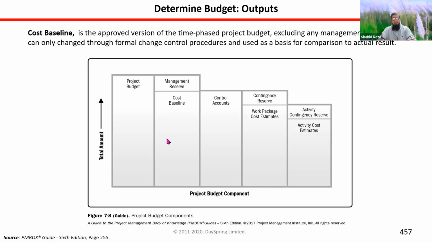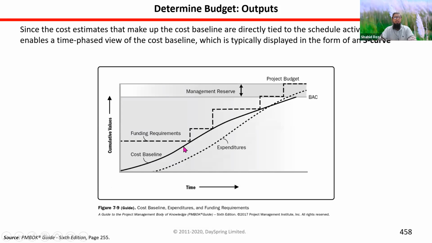All right. Okay. Next, cost baseline, sometimes known as the S curve. I don't know whether you have heard this term or not. What is the S curve? Let me draw a simple graph.